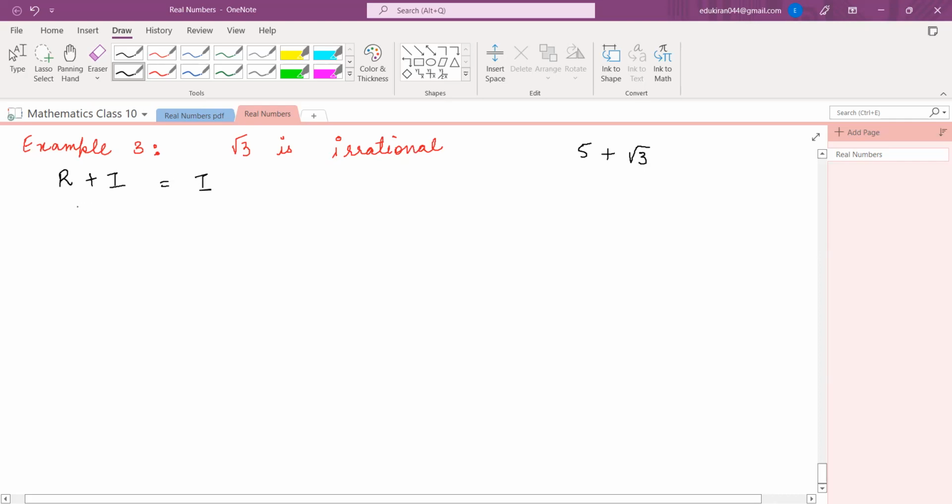Similarly, subtraction also, it is r minus i or i minus r. You are subtracting irrational from rational or rational from irrational. So this will also give you an irrational number. Clear? Okay. So we will do one question based on this and we will show that this operation gives you an irrational number. And similarly, there is another operation: if you multiply a rational number with an irrational number, what kind of number will you get?